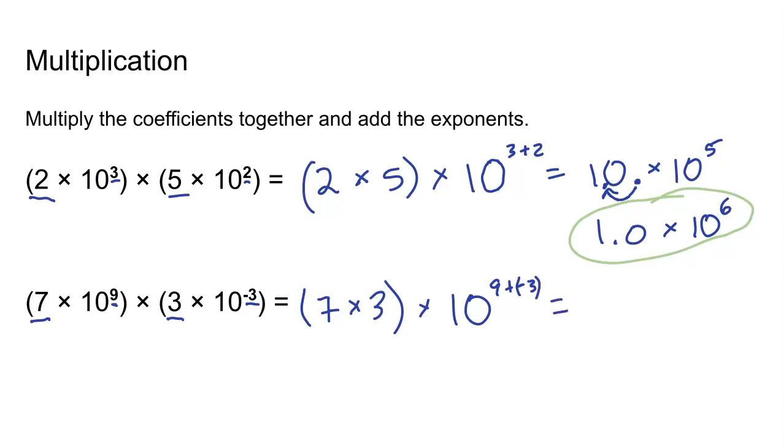And 7 times 3 is 21 times 10 to the 9 plus negative 3, and 9 plus negative 3 equals 6. But once again, the coefficient is greater than 10, so you need to move the decimal point one place to the left. So that becomes 2.1 times 10 to the 7th power. And that's the final answer.